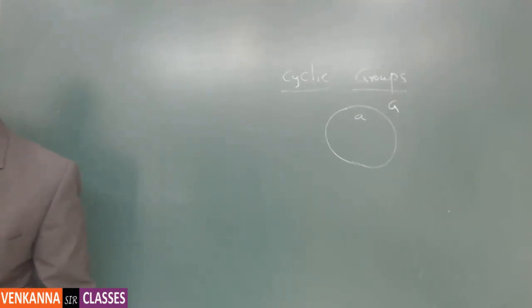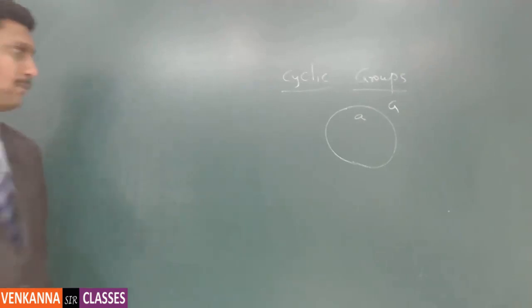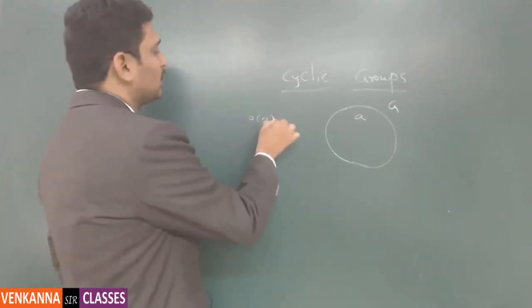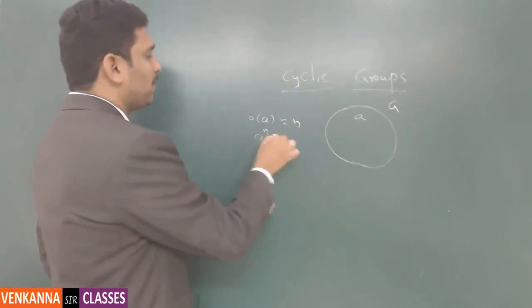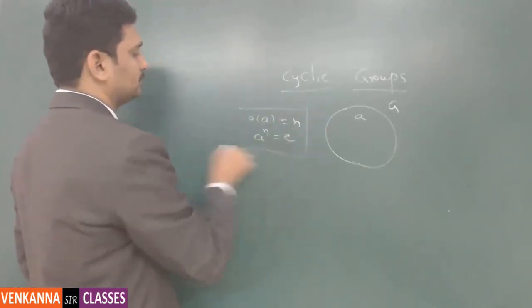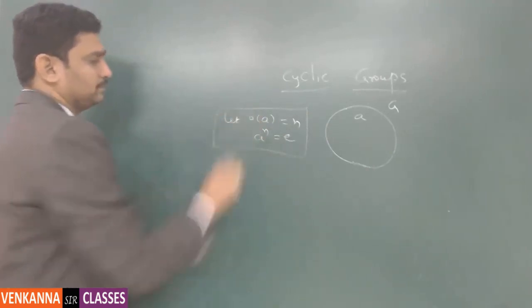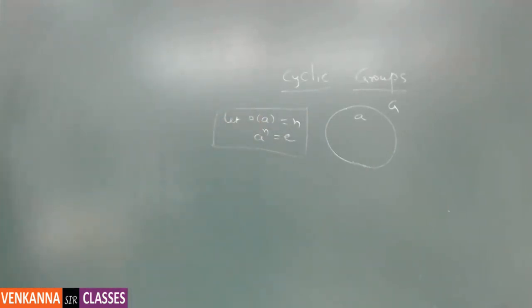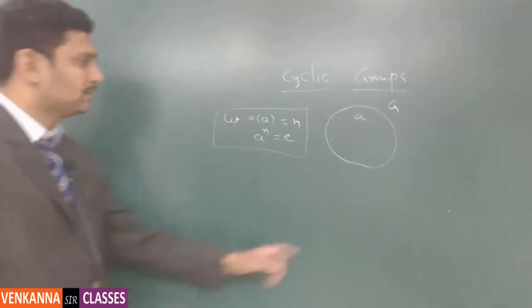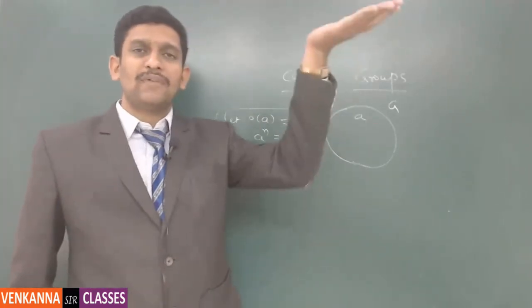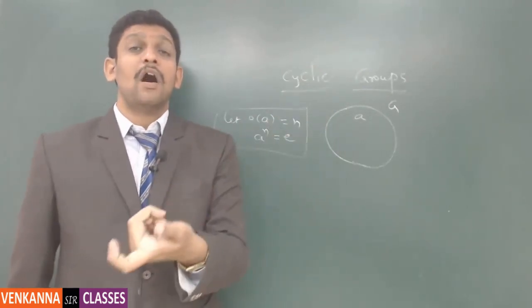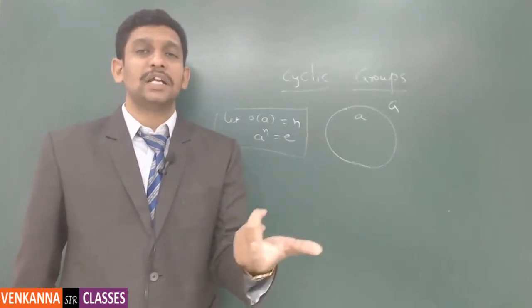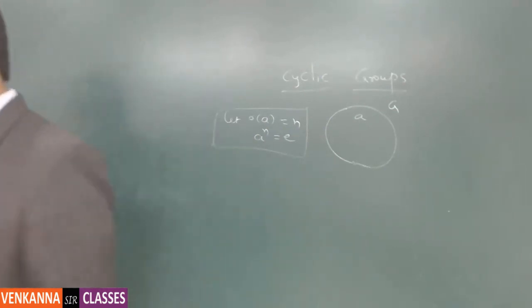Accepted? So let me say the order of a is equal to n. It means that a power n is equal to identity. So can you give one guarantee that while raising the powers of a up to the power n, all the elements are distinct or not? Or elements get repeated?